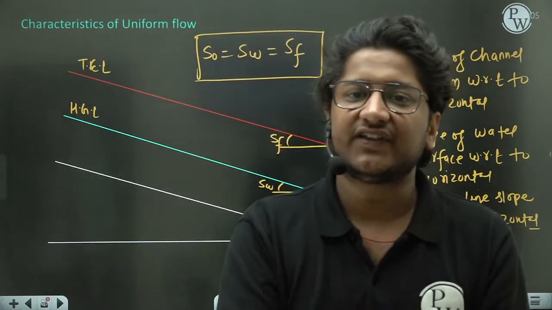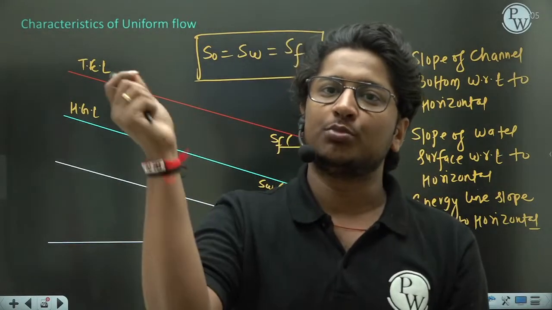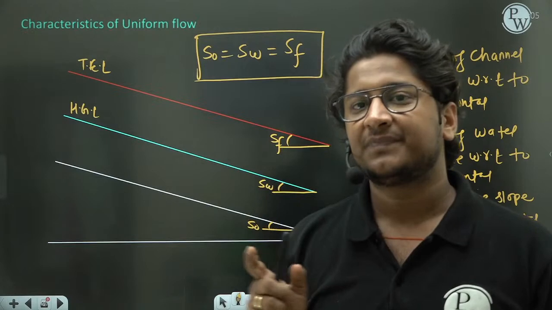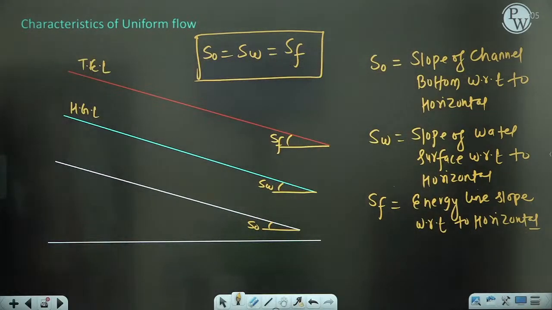that in a uniform flow, your water surface slope, your channel bottom slope, your energy line slope, all will be equal. And that becomes the condition for the uniform flow.